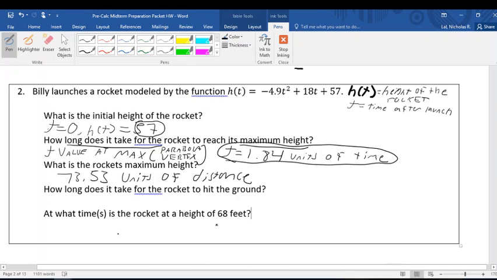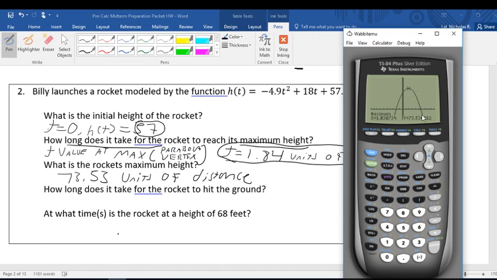How long does it take for the rocket to hit the ground? The rocket hits the ground, look at my arrow, when its height is 0 after the launch. So we're going to have to calculate a zero.